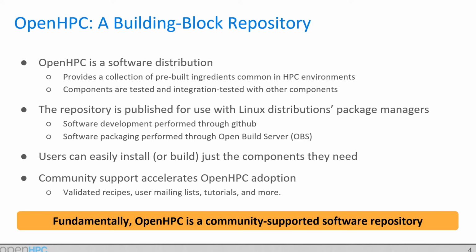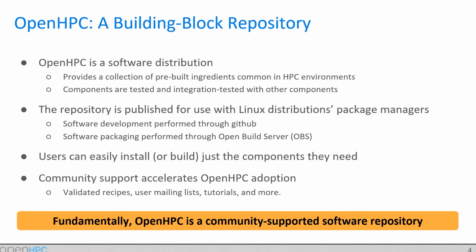And those different components are all pre-built and readily available as RPMs for use with any of the Linux distributions that use RPM. So we have these tested on CentOS and OpenSUSE currently.